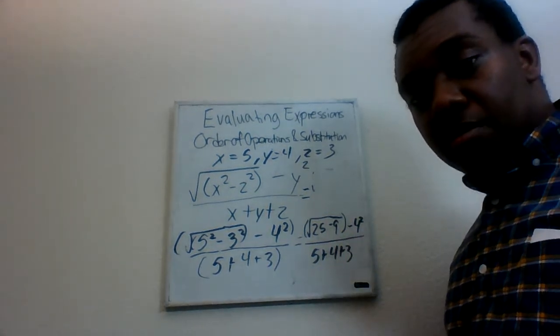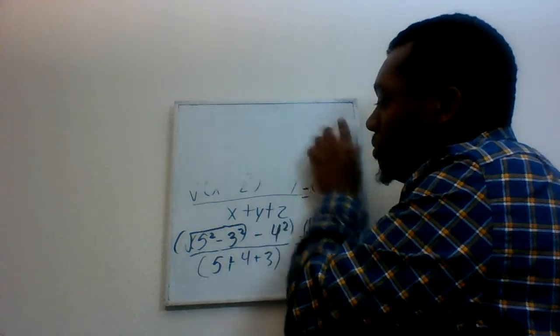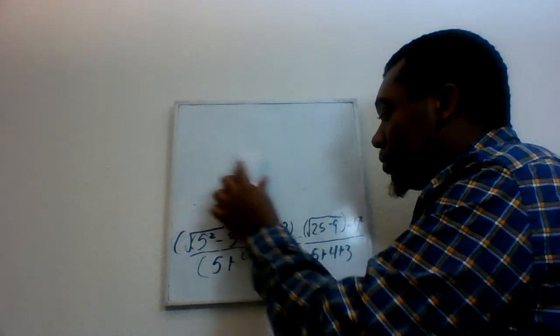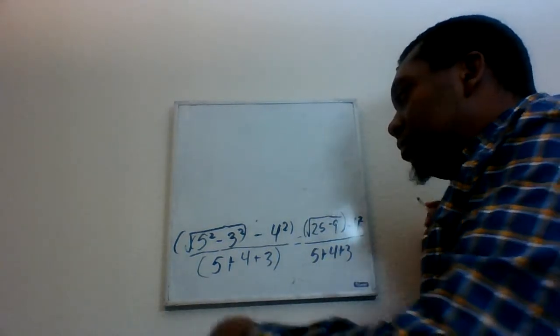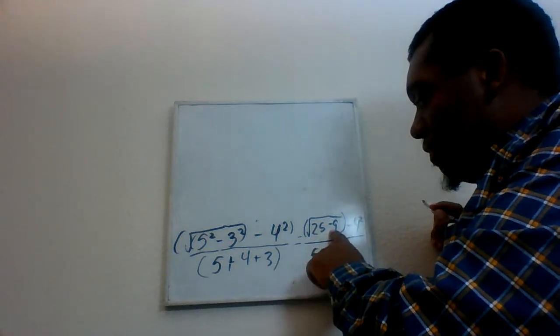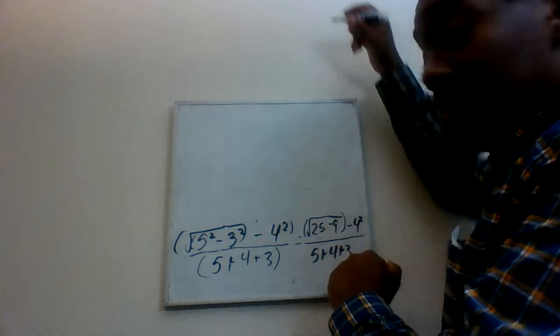And I'm going to erase the above to make it a little easier for us to do. Let's have more room. Okay. So going back up, 25 minus 9 is still inside of our grouping. 25 minus 9 will be 16.